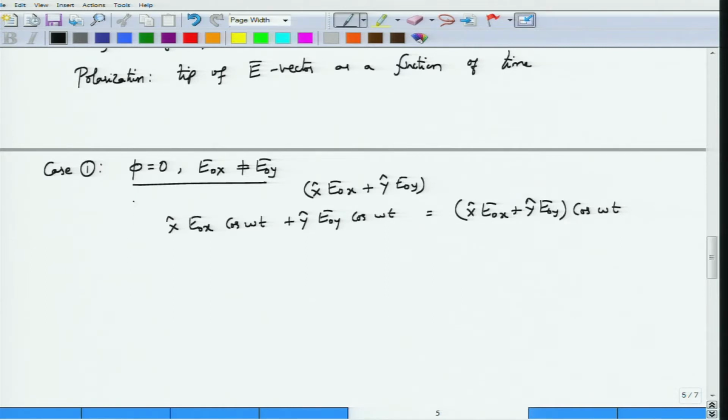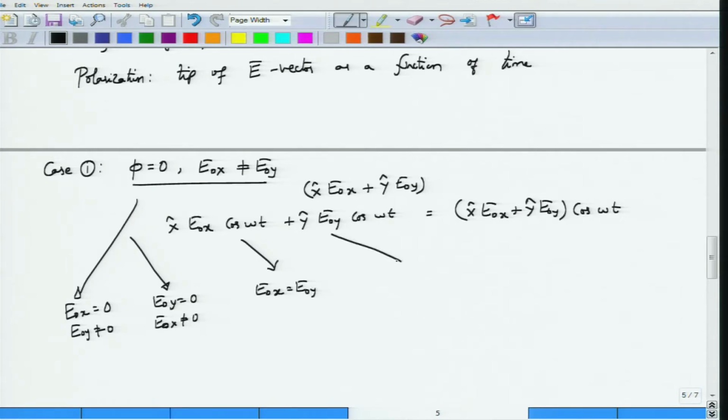As we have said, E0x need not be equal to E0y. However, you can subdivide this into further classes. Suppose E0x is equal to 0, E0y is not equal to 0. The next class is E0y equal to 0 and E0x not equal to 0. The third case is E0x equal to E0y. In the fourth case, E0x is not equal to E0y and not equal to 0.